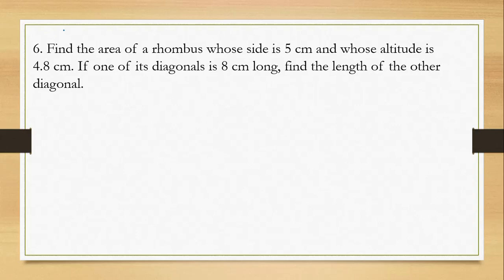So they are given side 5 centimeter, and altitude is 4.8. If we want to get the area, we multiply the altitude with the side, that is 5 into 4.8, then it will be 24 centimeter square, and this is the area of rhombus.